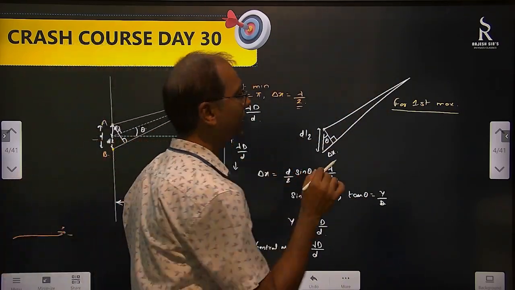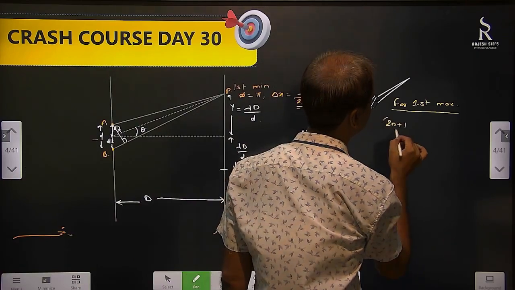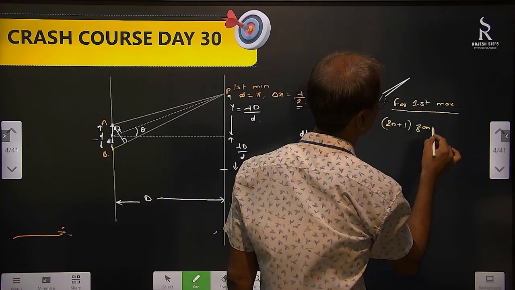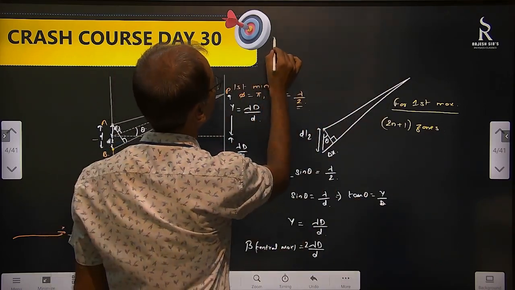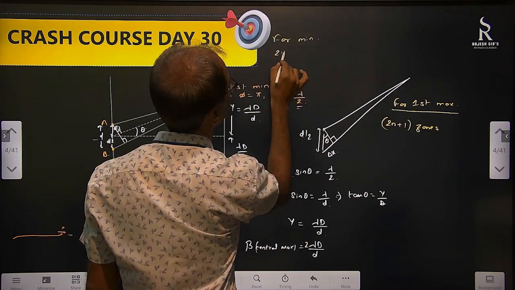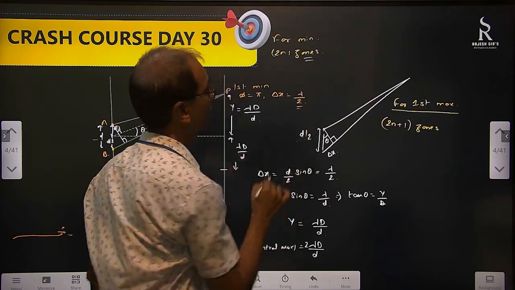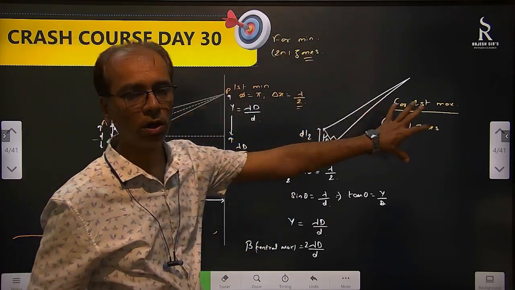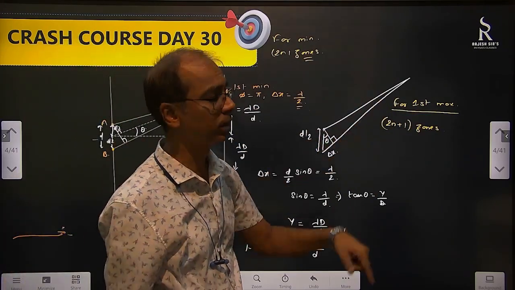Okay, so for maxima, remember always the zones will be 2n plus 1. And for minima, zones will be 2n. In this one, even number, here it is odd numbers. So the first maxima means 2 into 1 plus 1, that means 3 zones.